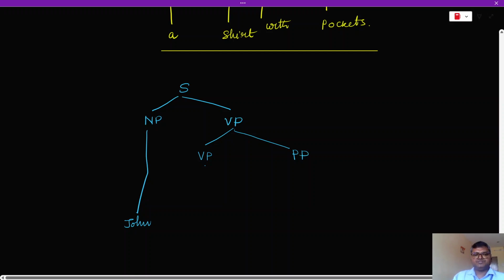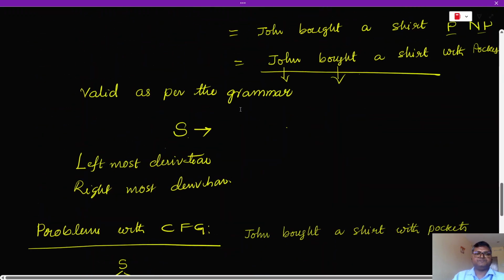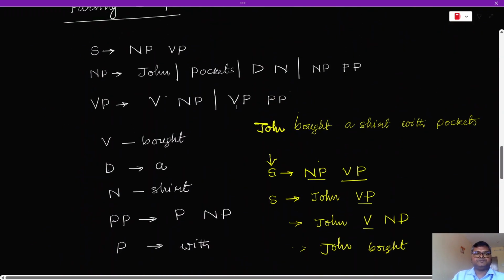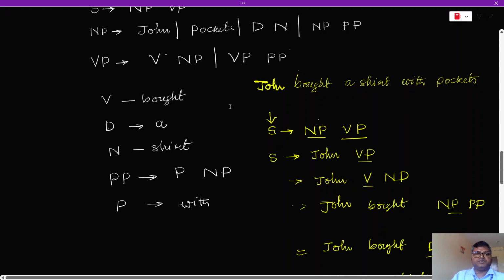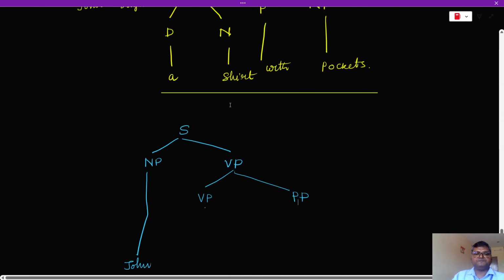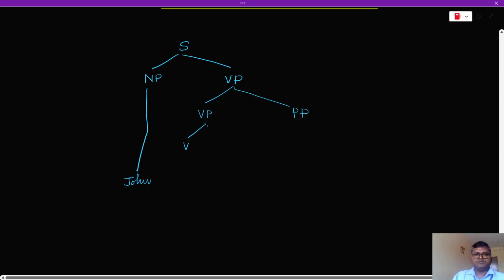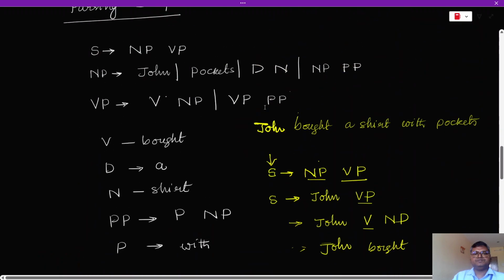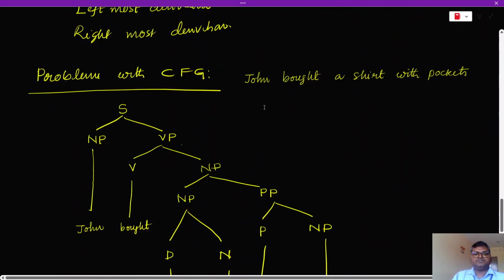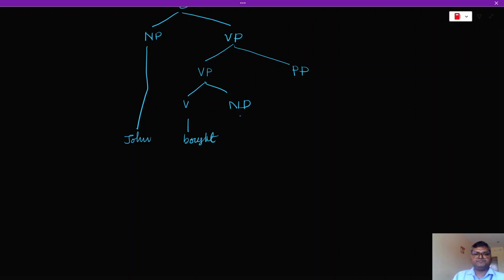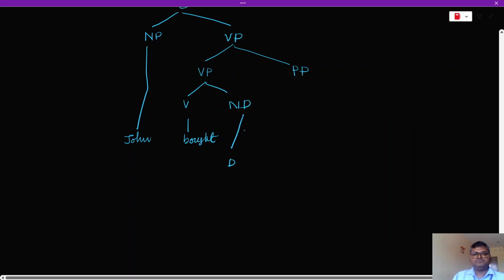And verb phrase can be replaced with again verb plus noun phrase. This is bought, and noun phrase can be written as determiner and noun.